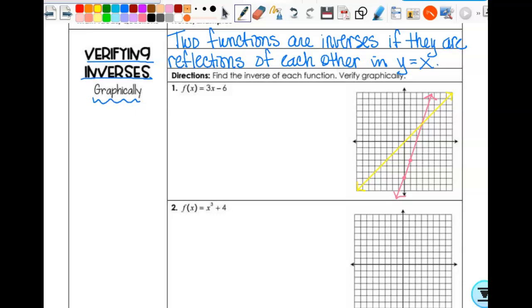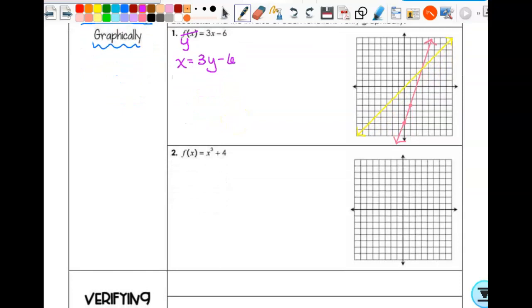Now I need to find the inverse and then graph the inverse. So I'm going to change this to y. So this becomes x equals 3y minus 6. I'm going to add 6 to both sides. Then I'm going to divide each term by 3.